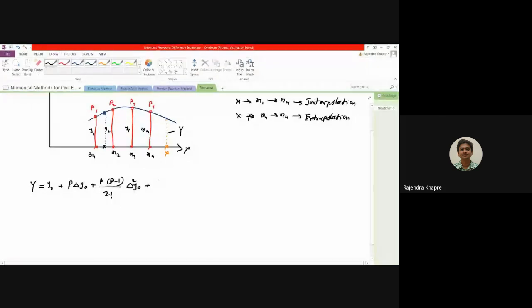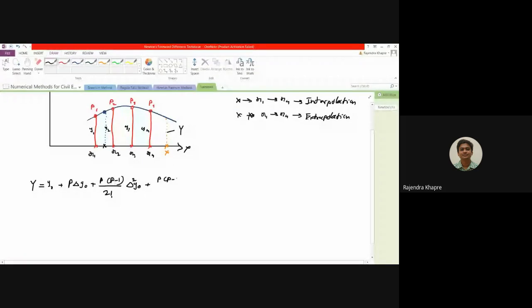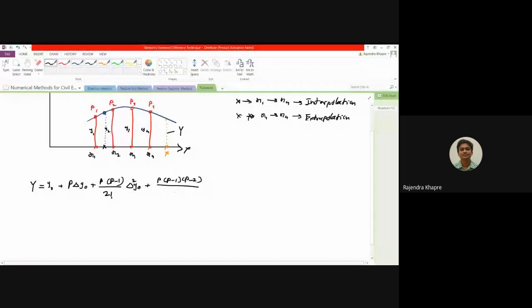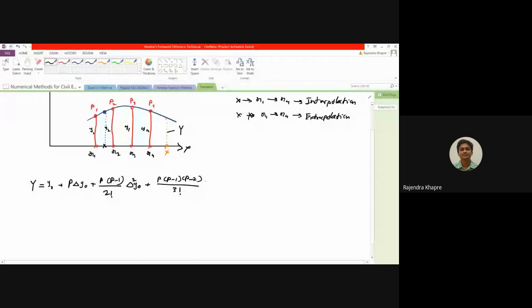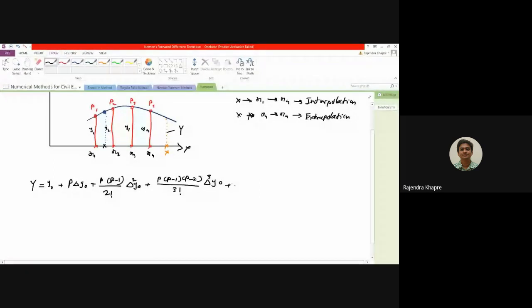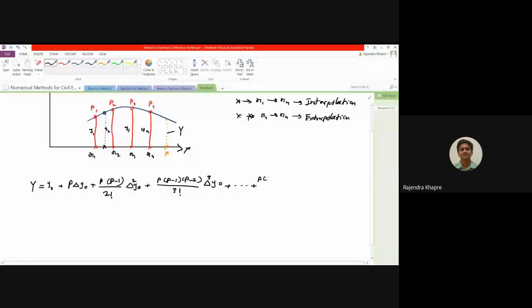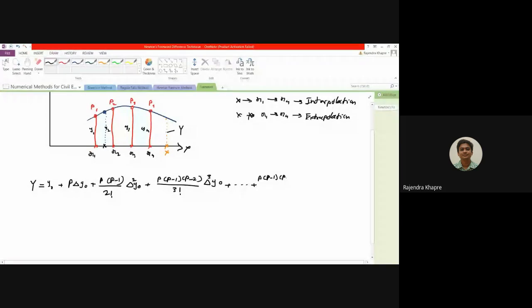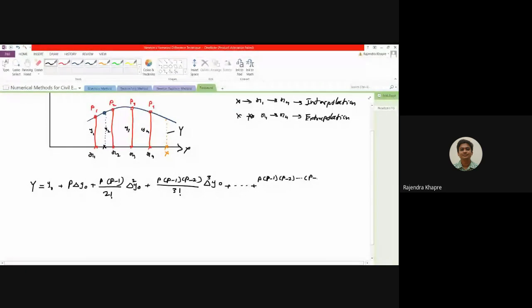Okay, then this will be p into p minus 1 into p minus 2 divided by 3 factorial into delta cube y0 and so on. So in short, the equation is something like this: p into p minus 1 into p minus 2 and so on, let us say up to p minus n.